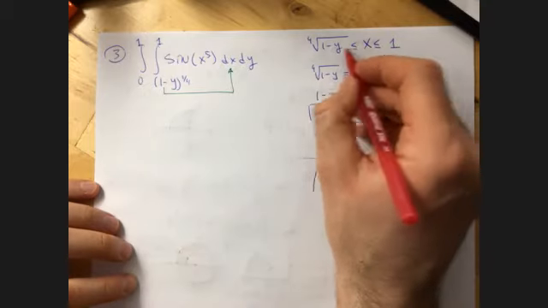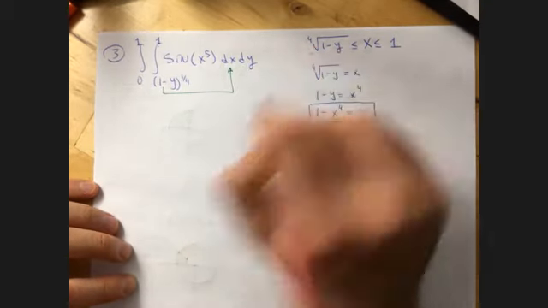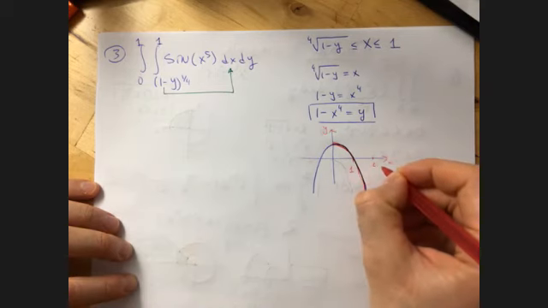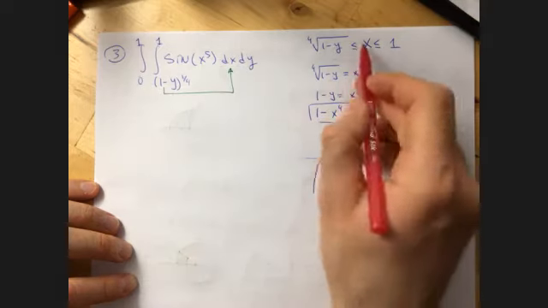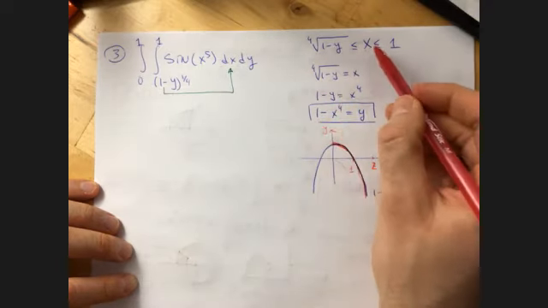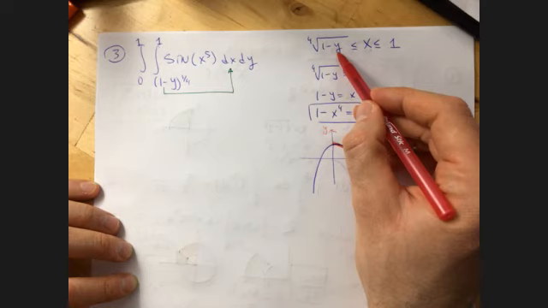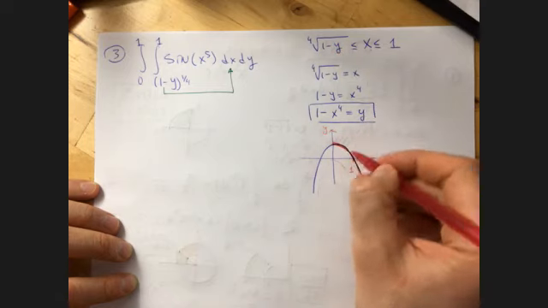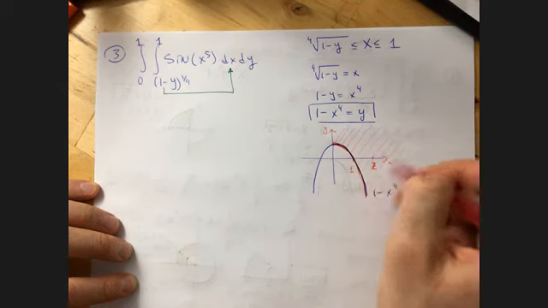What does it mean for x to be greater than this root? Well, you can check. Let's check the point 2, 0 whether it satisfies this. Well, is 2 greater than the fourth root of 1, because y would be 0? Yes, so that means that that inequality gives us this region right here.